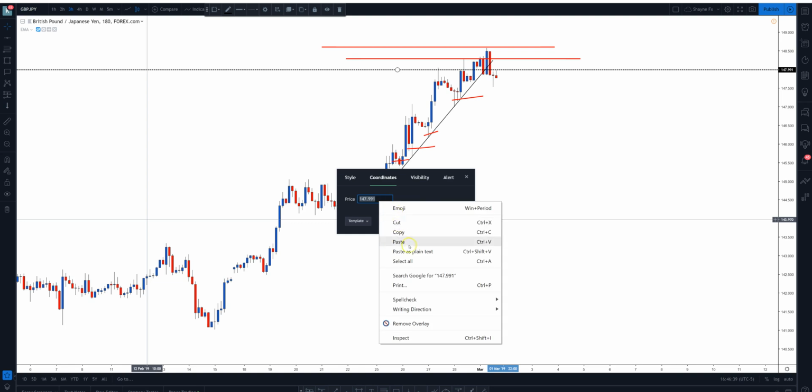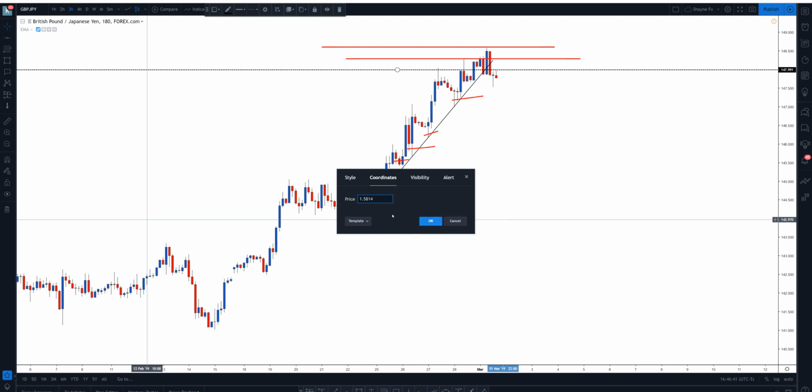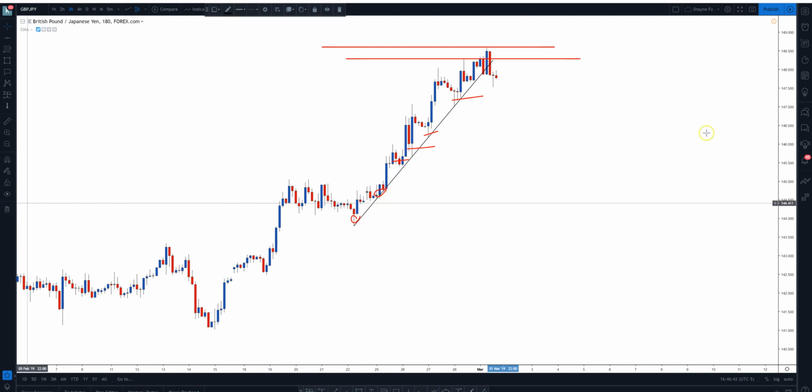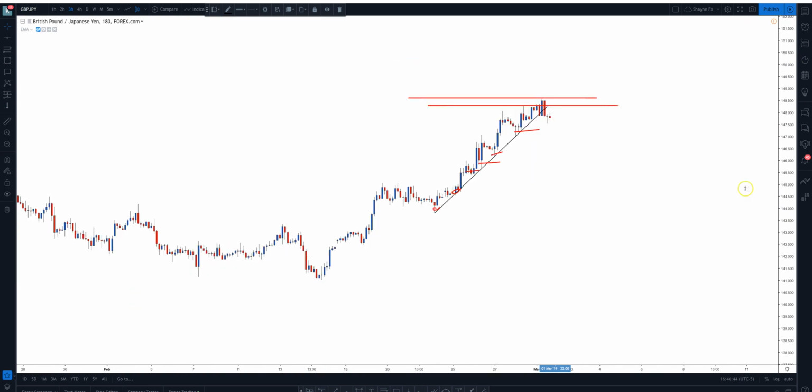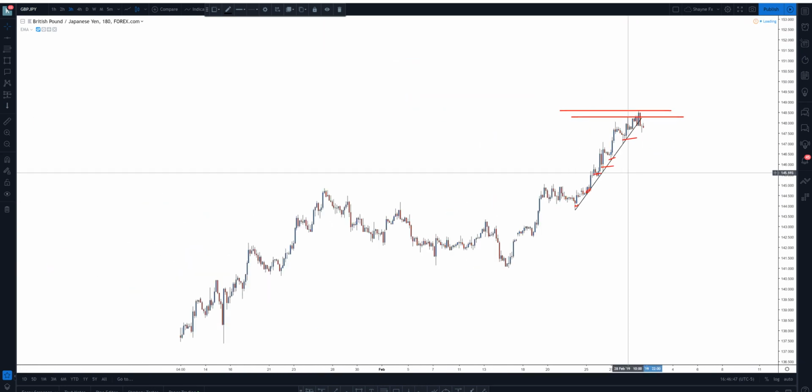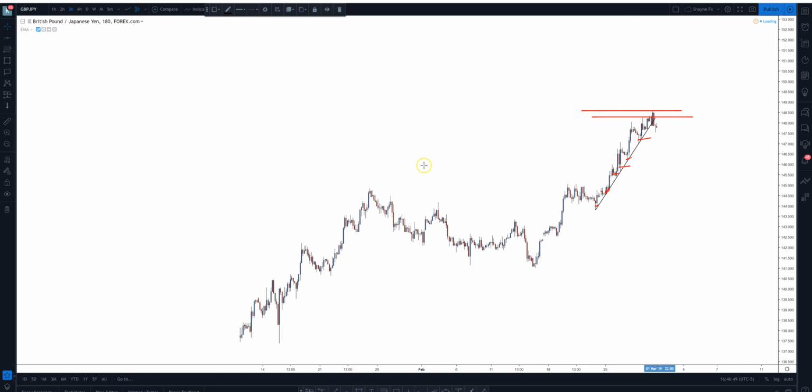Price for stop loss, paste. Dude, you are trolling me. Where is that? That went to the far, far west. Did you write that correctly? Oh, Euro AUD. Wow. I am gone.